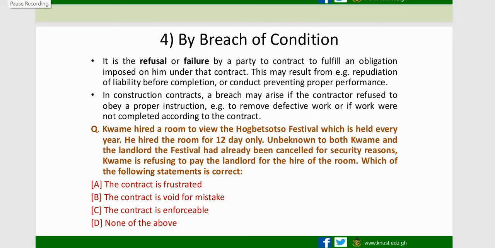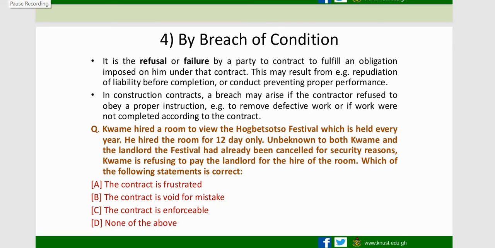Yes, because even if Kwame paid the money for the room for the purpose of the Hobochocho, right? Now the purpose here is the Hobochocho festival.